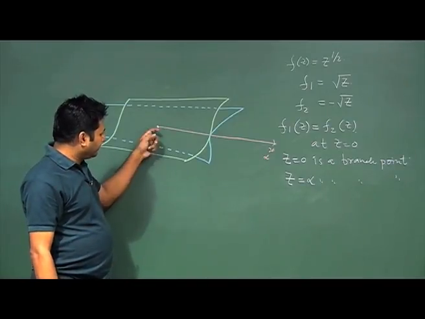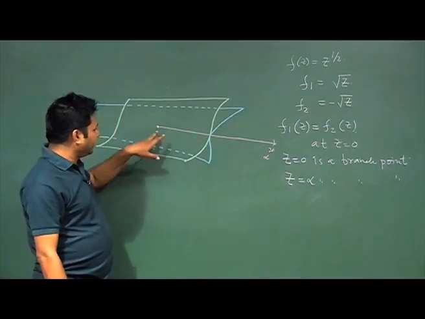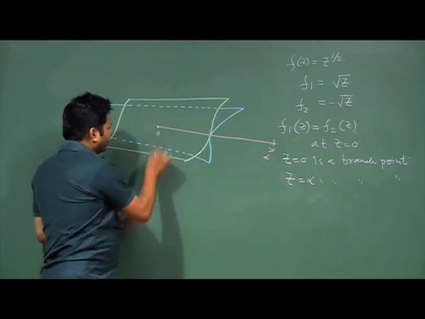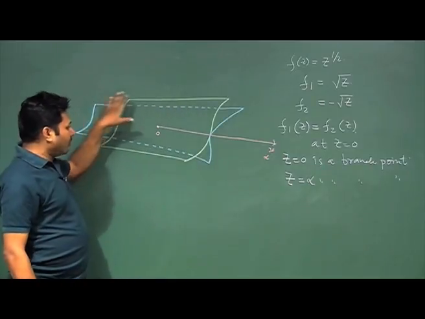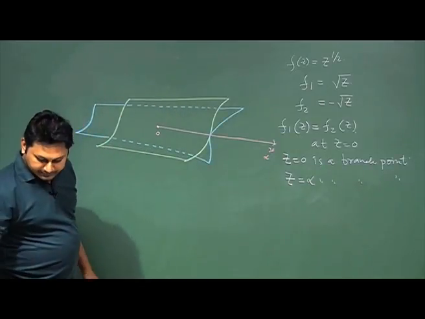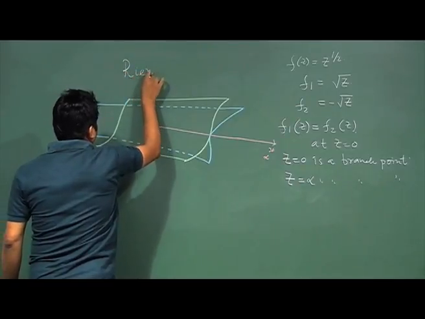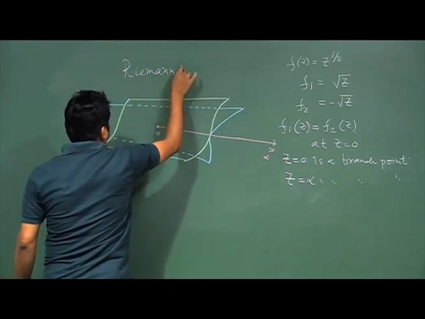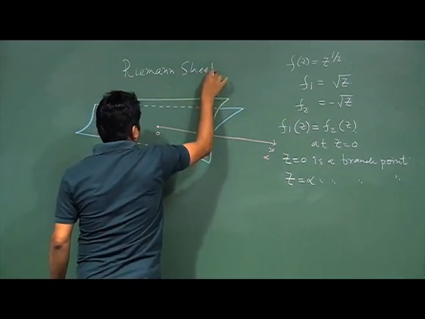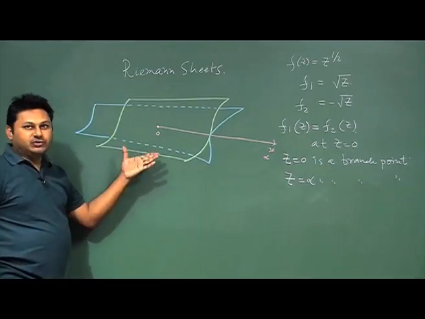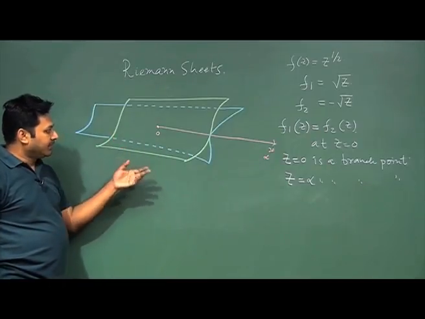If I glue these things, the paper is joined from 0 to infinity, and the other part is open. This is called the Riemann sheets.